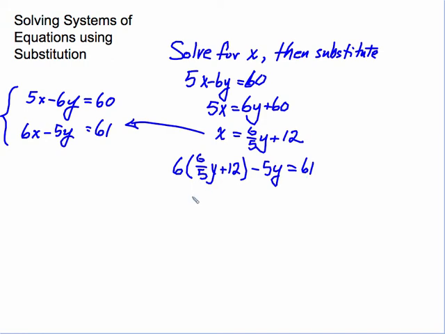Let's continue solving. 6 times 6/5 is 36/5 y. 6 times 12 is 72, minus 5y equals 61.